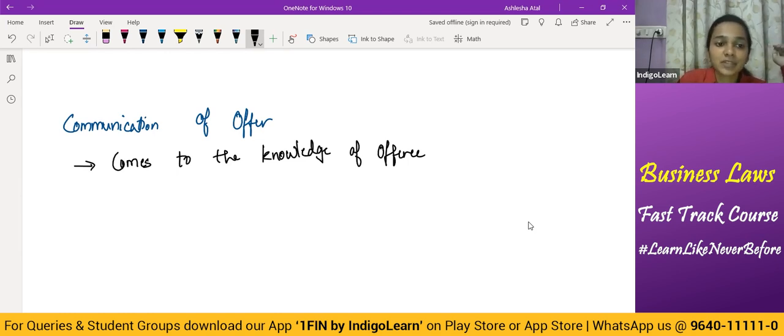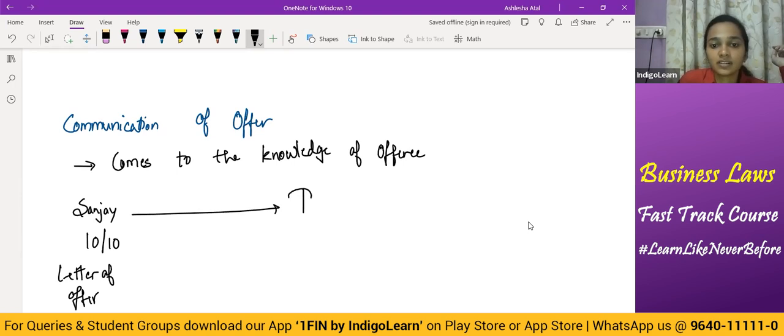Let's understand this with the help of an example. Say today is 10th of October. On 10th of October, Mr. Sanjay is writing a letter of offer to Mr. Raj. Now this letter reaches Mr. Raj on 14th of October.